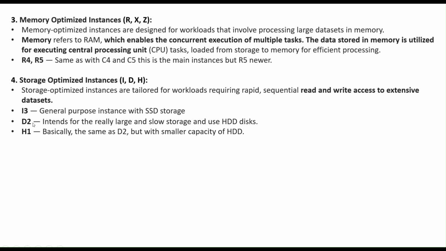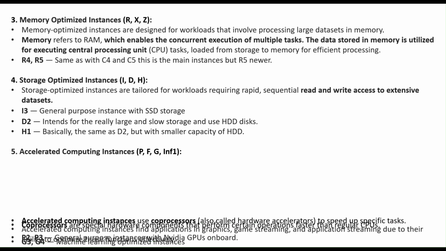So D2 is intended for really large and slow storage and uses HDD disks. And H1 is basically the same as D2 but with a smaller capacity of HDD. And the final one is accelerated computing instances. These are the instance families P, F, G, and F1.